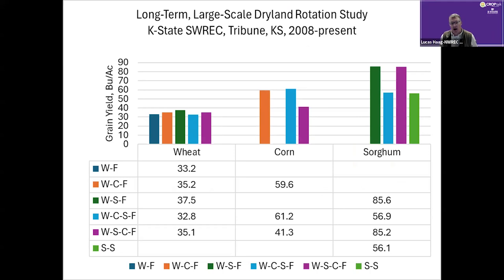And if that corn crop's not in good shape, and then you're going to that summer fallow period, that's an awfully long time to go with pretty poor residue on the surface. I like the wheat, corn, sorghum, fallow better from a 4-year rotation, or wheat, sorghum, sorghum, fallow, simply because that puts us in so much better shape from a sorghum surface residue standpoint going into the fallow period.